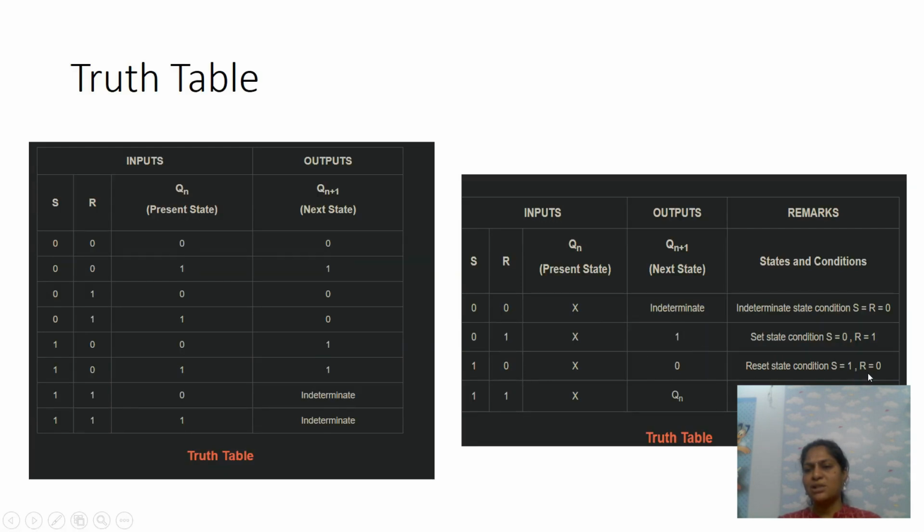Similarly for 1 0, S is 1, R is 0, that is the reset state, and for 1 1, the output is an indeterminate state.